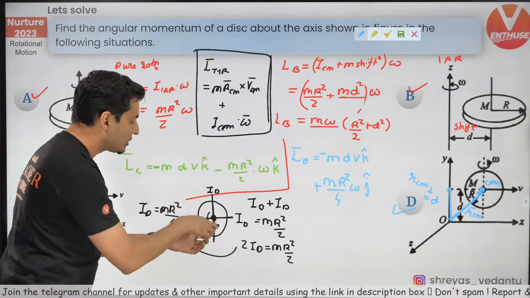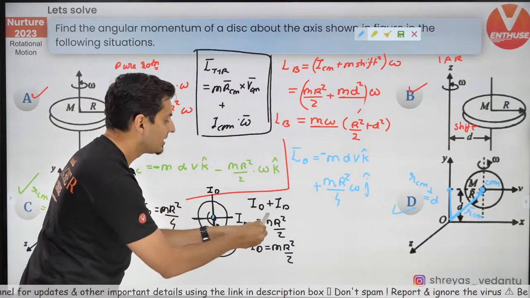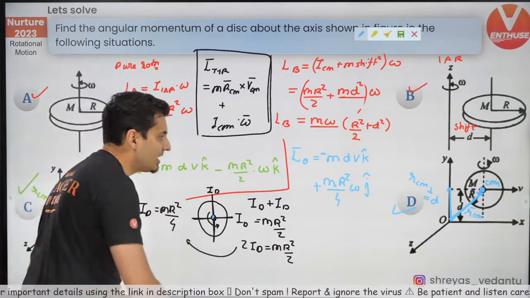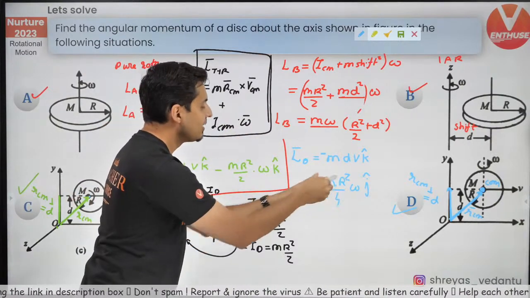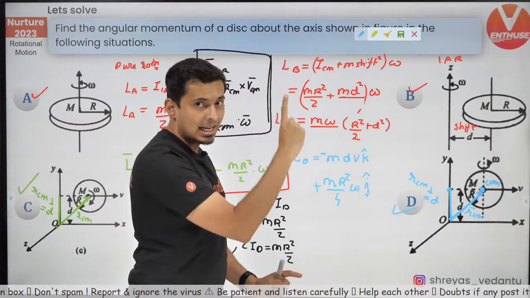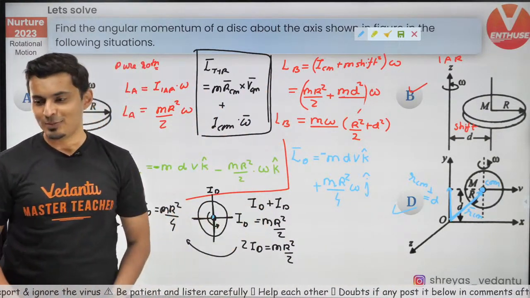And the addition of these two will give me the moment of inertia about this axis, which I already know is MR square by 2. From this I got that moment of inertia, which I have used over here, and that into omega will give me the angular momentum, but that is about j cap or the y-axis because it is rotating like that. I hope that makes sense.